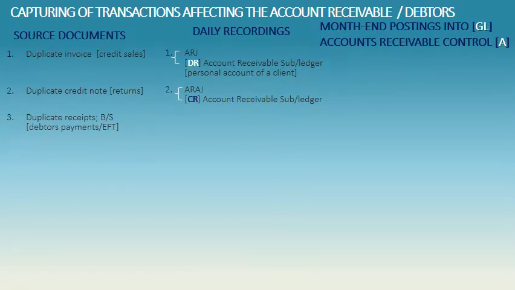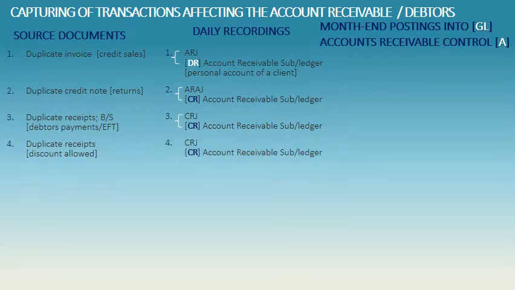The duplicate receipts for debtors' payments will be recorded in the cash receipt journal and immediately credited to the accounts receivable in the subsidiary ledgers. Duplicate receipts for discount allowed on debtors' payments will be recorded in the cash receipt journal and also credited to the accounts receivable of the subsidiary ledgers.